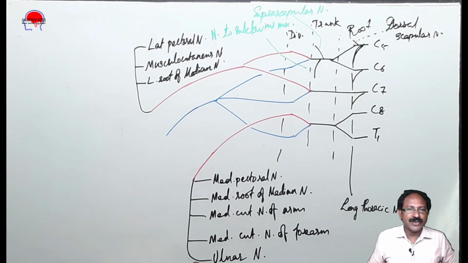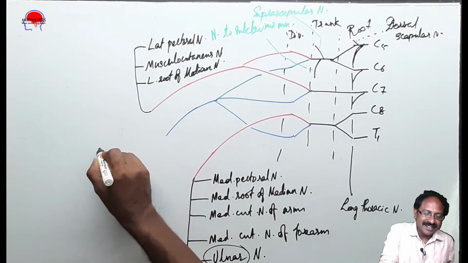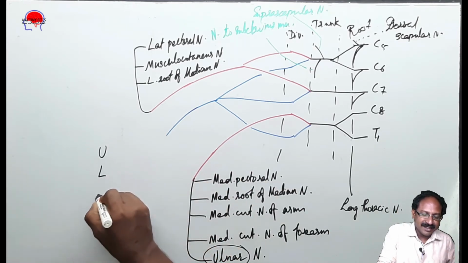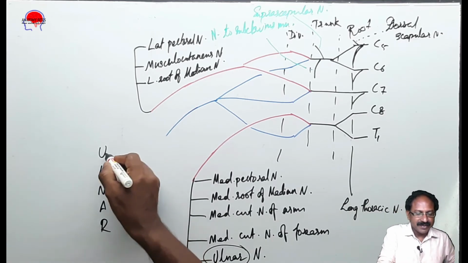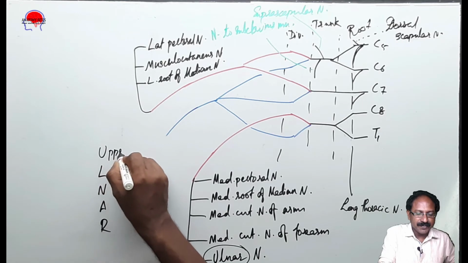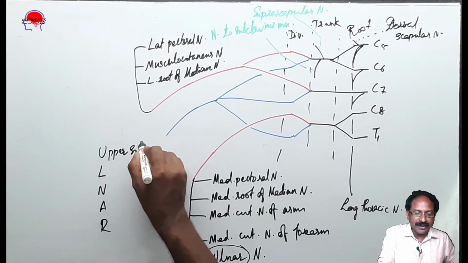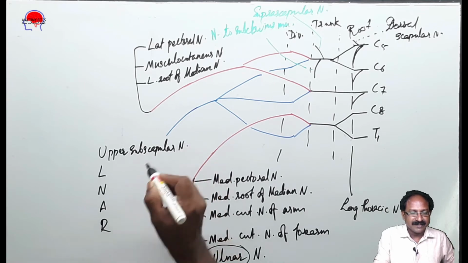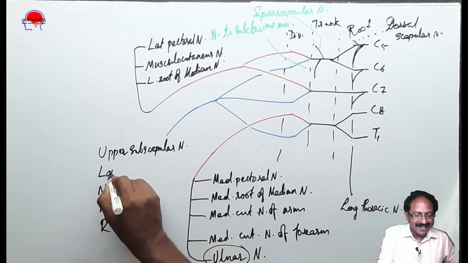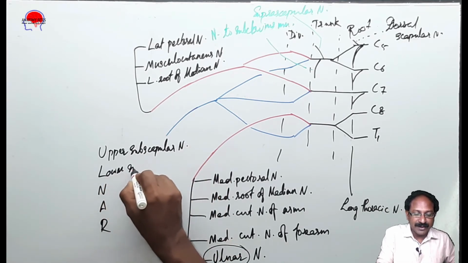Now we will see the branches arising from the posterior cord. I am borrowing this name ulnar. Upper subscapular nerve. So this will be lower subscapular nerve.